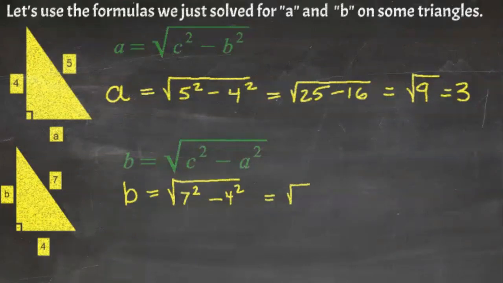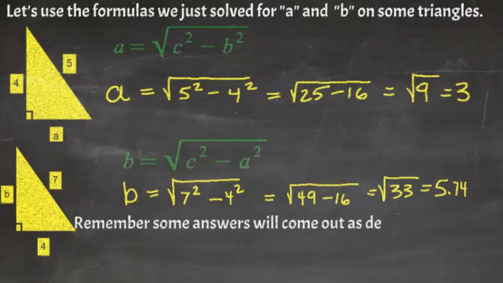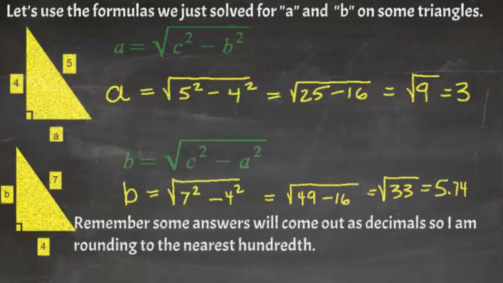And that is equal to the square root of 49 minus 16. And then that is equal to the square root of 33. And if we use our calculator, the square root of 33 is 5.74, again rounding to the nearest hundredth. Remember, some of the answers will come out as a decimal, so I am rounding to the nearest hundredth. Check with your teacher on this. He might want you to round to the nearest tenth.